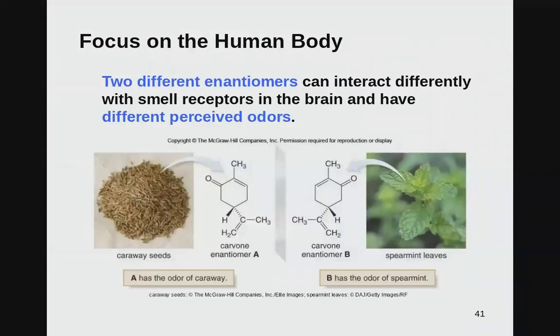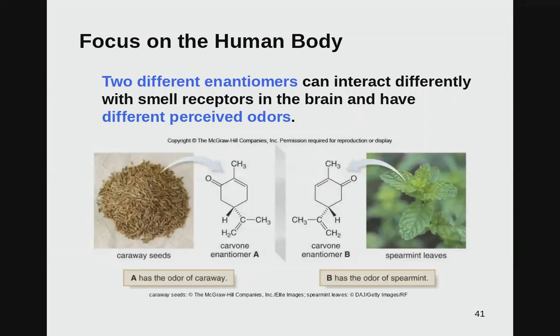Now, there are other examples of this too. 2 different enantiomers can actually interact differently with smell receptors and have different perceived odors. So we have carvone A and carvone B. Carvone A is found in caraway seeds, and they smell like caraway. I don't really know how to describe caraway if you've never smelled caraway, but it has its caraway smell.